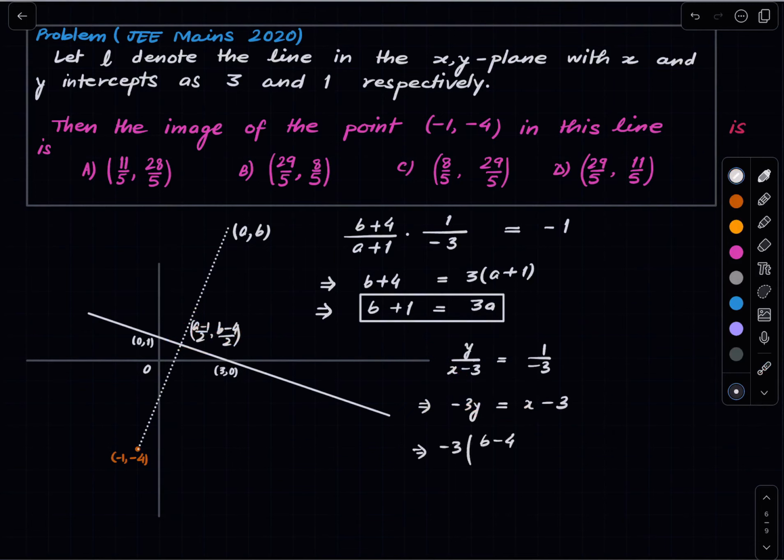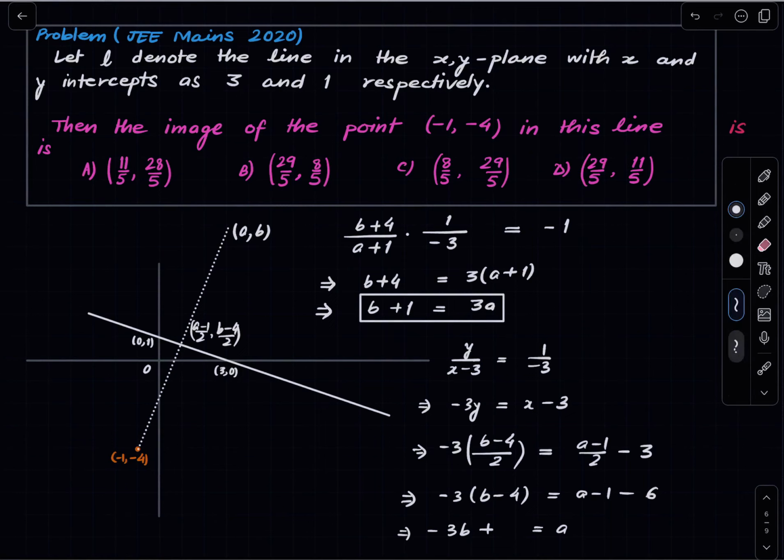So we get that, which gives us, let's multiply by 2 on both sides. Since I don't have space, I will work it out here itself. I get 19 on this side. So we have these two equations.